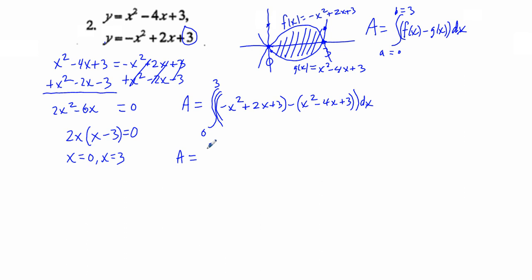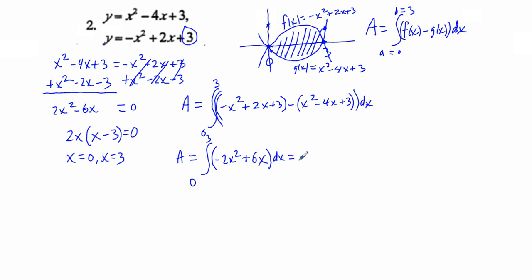And just simplifying, I'm just going to go down here. A equals the integral from 0 to 3. We're going to have negative x squared minus x squared. So that's going to be negative 2x squared. And then we're going to have 2x minus negative 4x, which is going to be plus 6x, and dx.